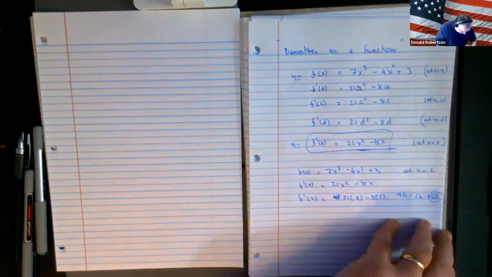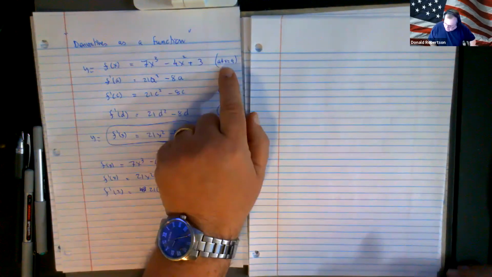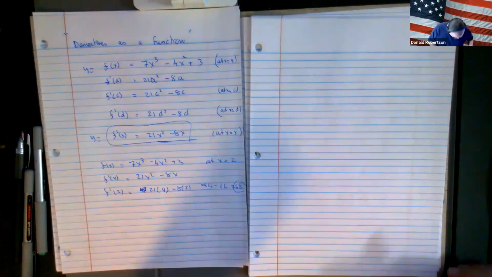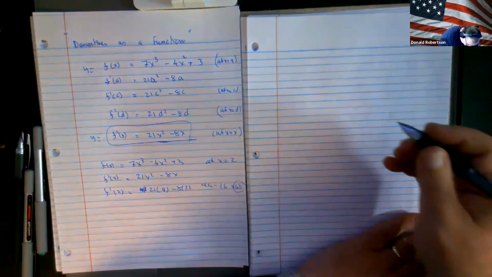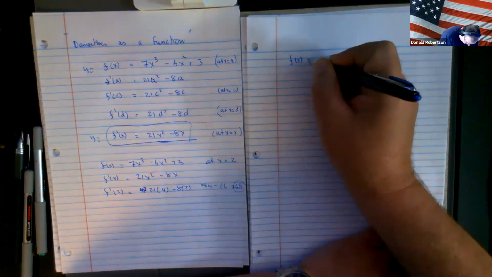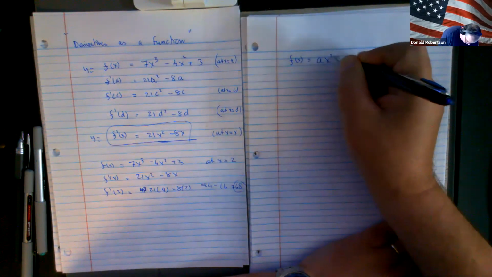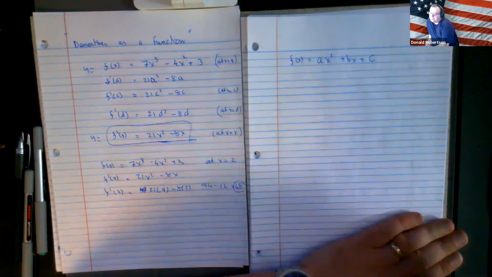Well, why is that kind of helpful? To me, it cuts out this x equals a nonsense. It just gets it out of the way. That's helpful. It also gives us some other things. Do you recognize that function?